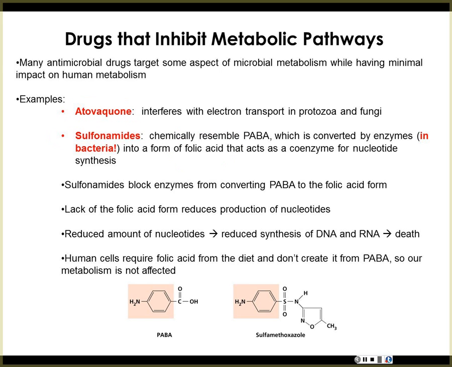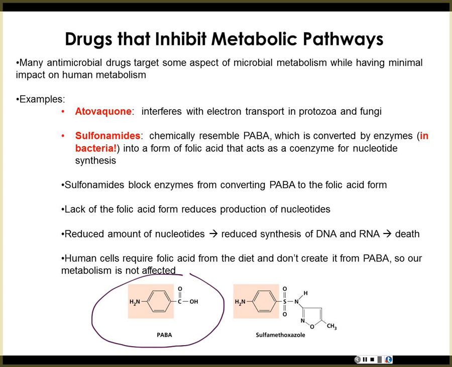The way that one works, bacteria take this molecule, which is abbreviated as PABA, and that's probably a name that's like this long, some kind of organic chemistry name. They take that and they convert it to folic acid. So they have an enzyme or enzymes that do that.